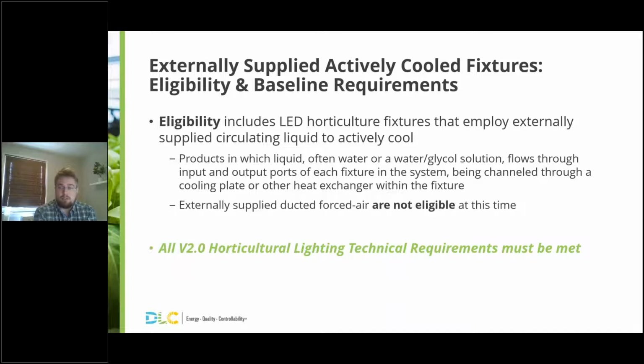So this includes things like the power quality baselines, the PPE threshold, our warranty requirements, UL 8800 safety certification, TM33 reporting, etc. So all the version 2.0 technical requirements apply. And the slides we are addressing here and the special considerations in the technical requirements lay out the requirements that either replace or complement the version 2.0 technical requirements baseline.